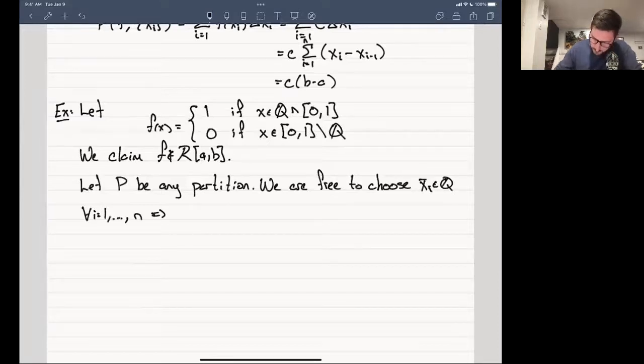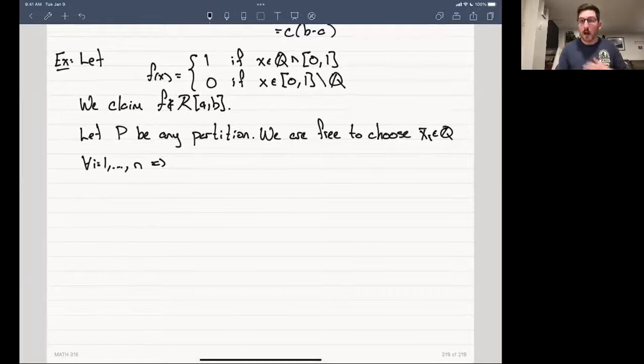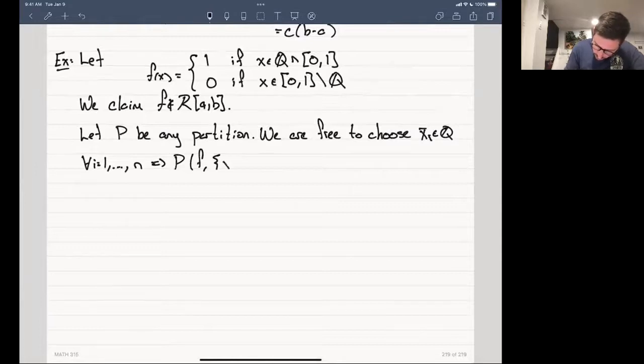Since I'm using evaluation points that are all rational, my Riemann sum will become just a constant function. All you're going to see is the value 1 because you're always feeding it rational numbers.